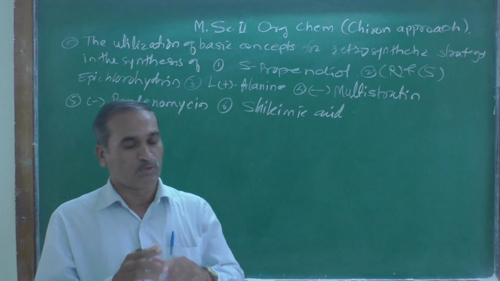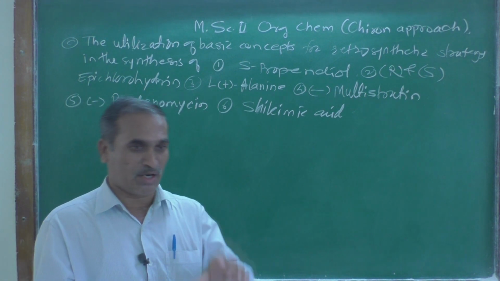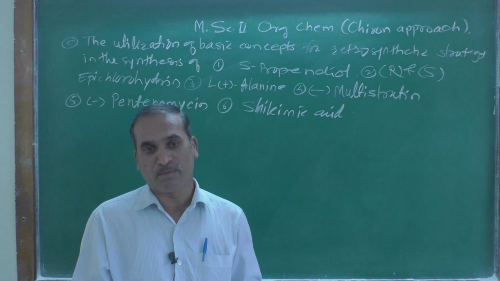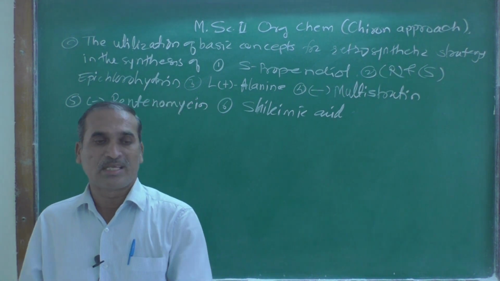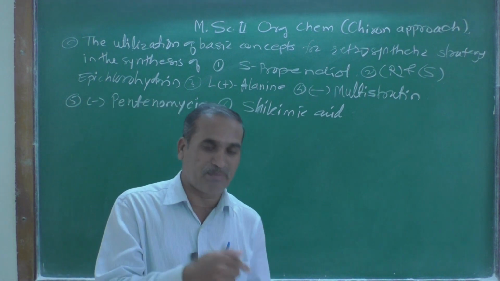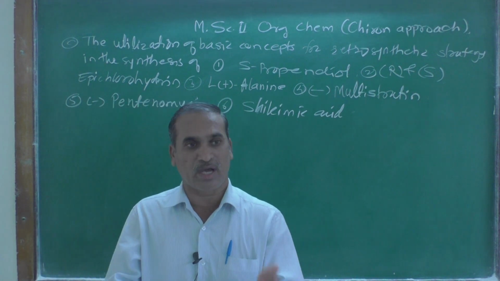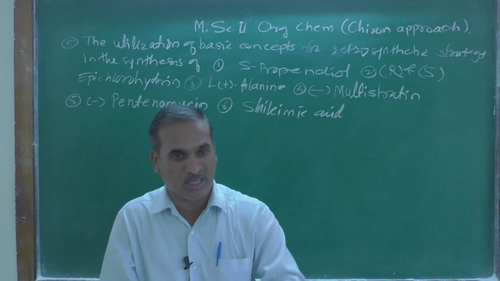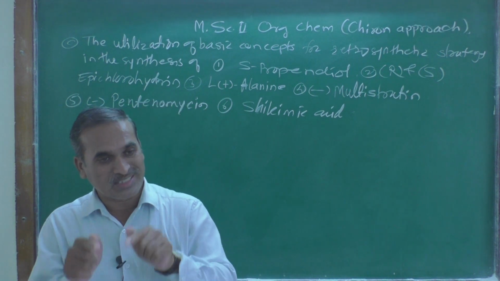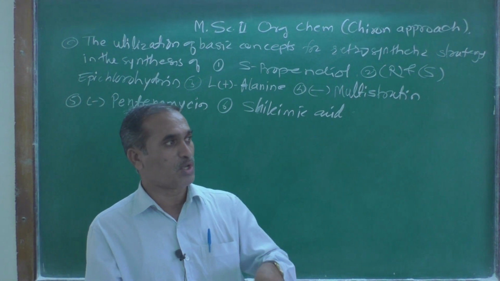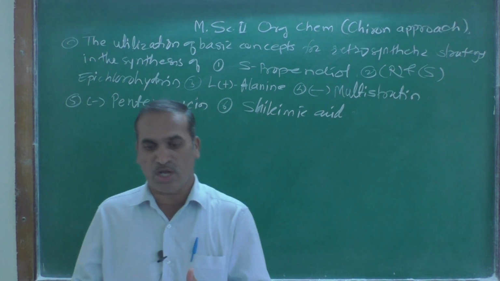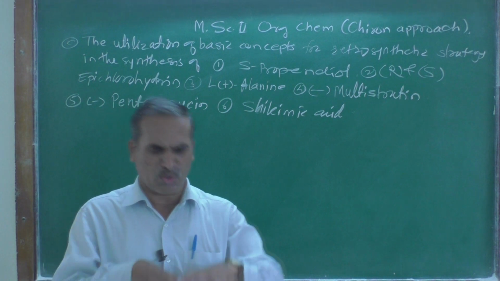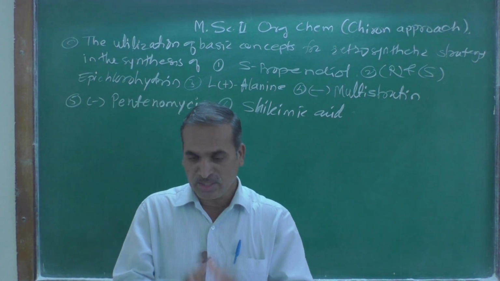We should not go away from that Chiron approach. Your starting material or chiral precursor, how easily it is available, the availability and the cost. According to that, all the stereochemical aspects, stereoselection, stereoelectronic control or steric control, everything we are going to keep in mind.